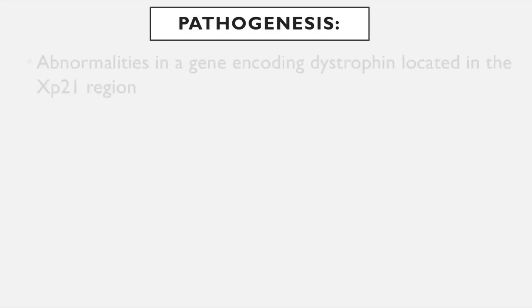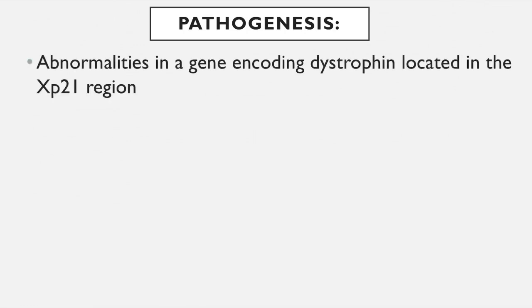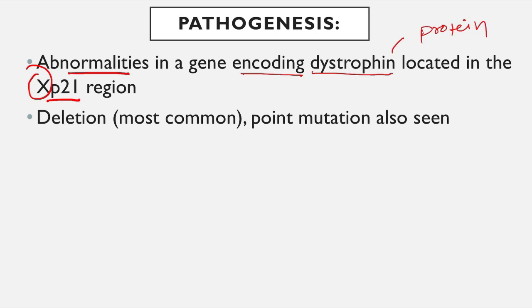Now the pathogenesis: abnormalities in the gene encoding dystrophin located in the Xp21 region. The p21 region of the X chromosome encodes dystrophin protein, and this abnormality is caused by either deletion or point mutation.